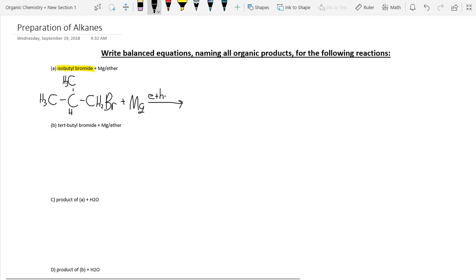So what's going to happen when I combine this alkyl halide with magnesium and ether? The magnesium is going to be bonded. It's going to replace the bromide here. So your end product is going to be your isobutyl magnesium bromide.